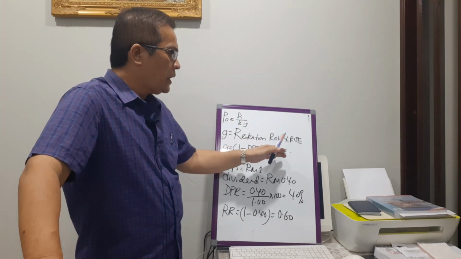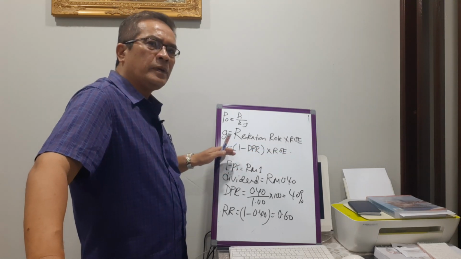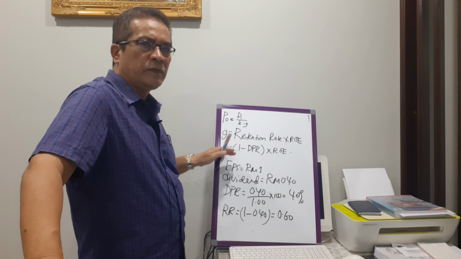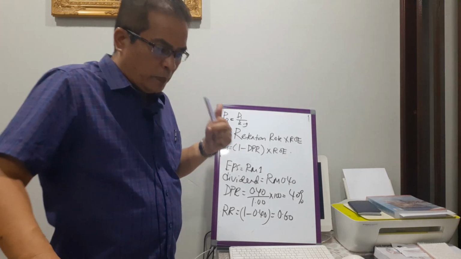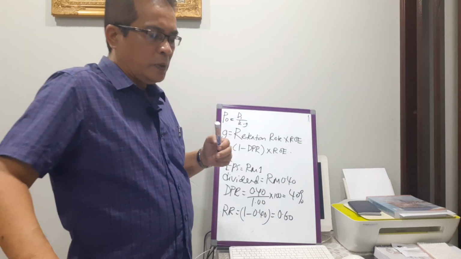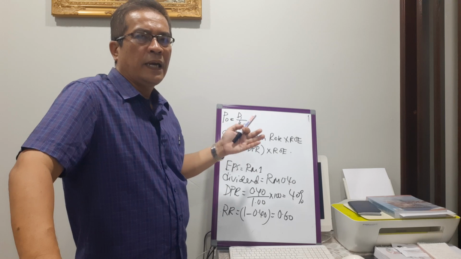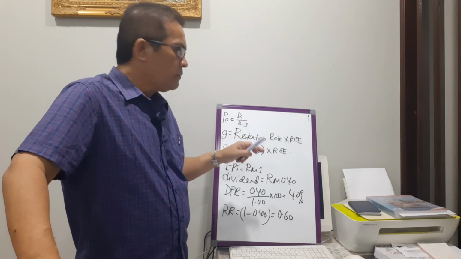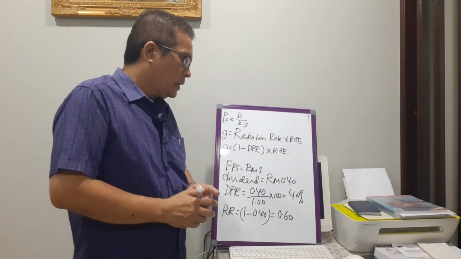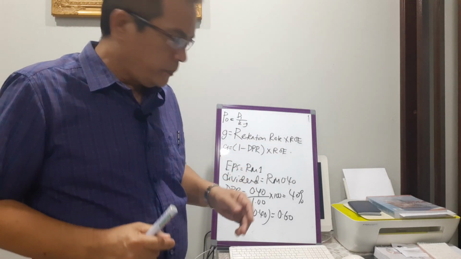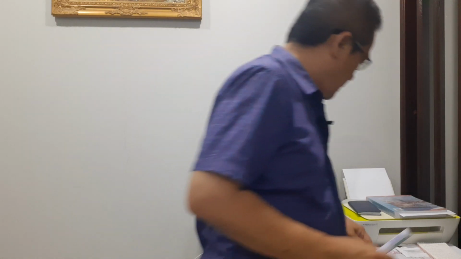If we are given the return on equity, we can easily solve for growth rate, or for G. Another problem that might arise is when we have to find the value of ROE, return on equity.